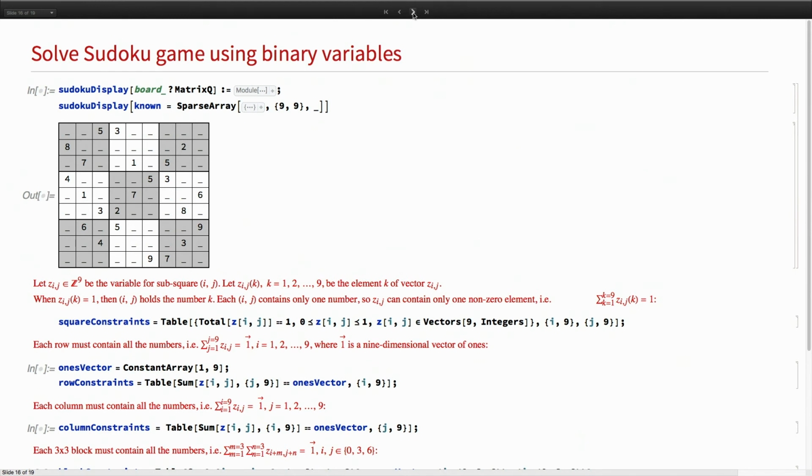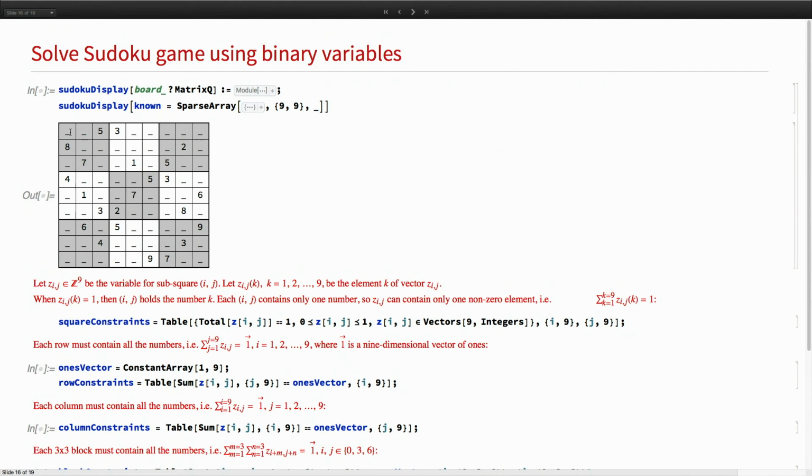We're going to solve this using the mixed integer approach, and the way we're going to do that is each element in our Sudoku board is going to be represented by a 9-dimensional binary vector. Each element within that vector is going to be either 0 or 1.